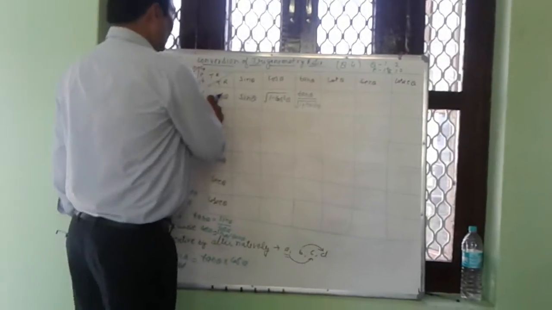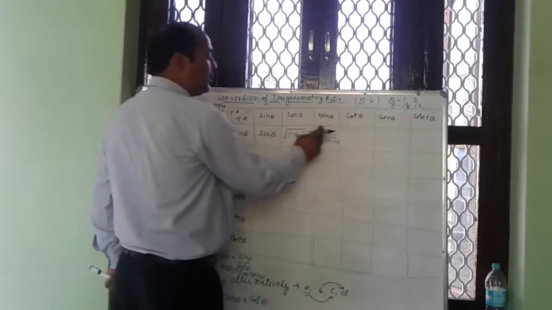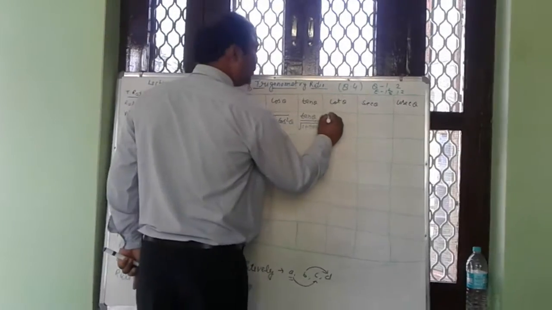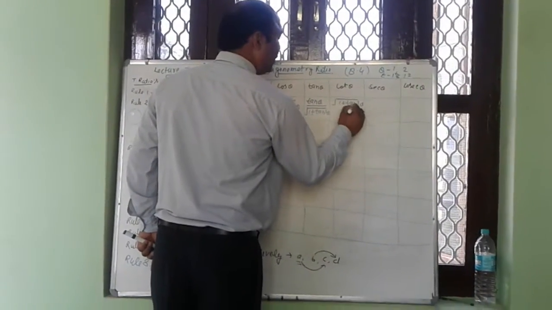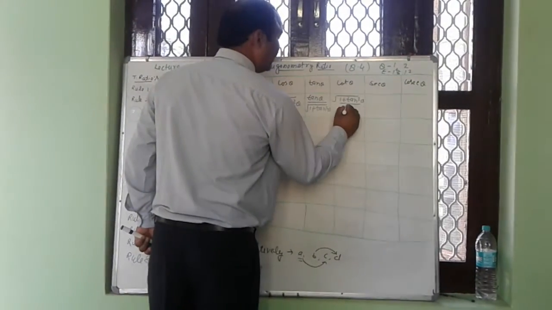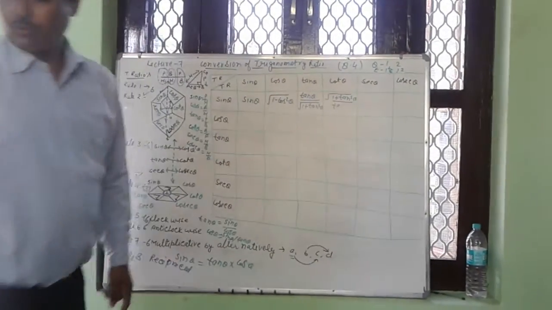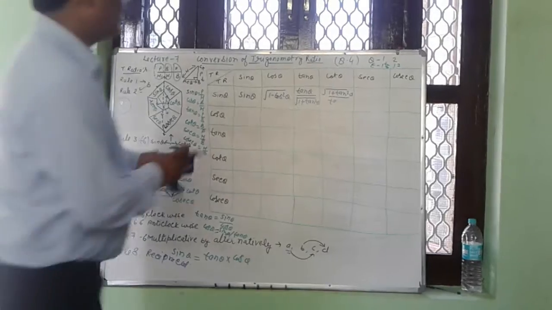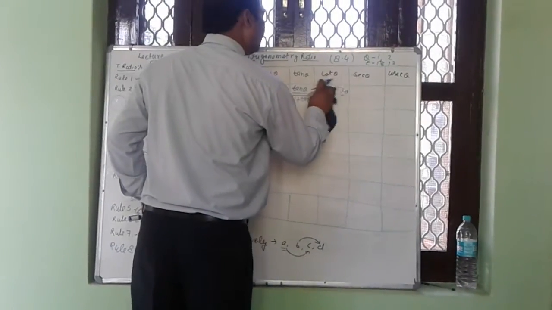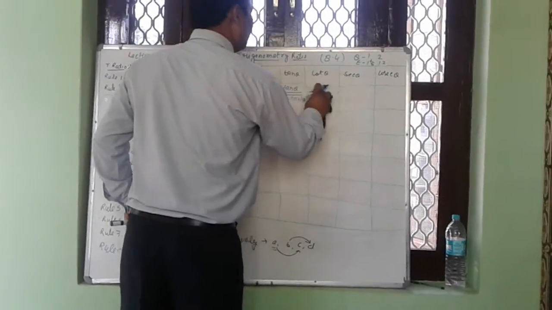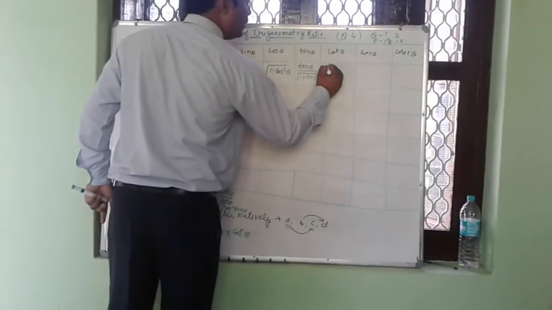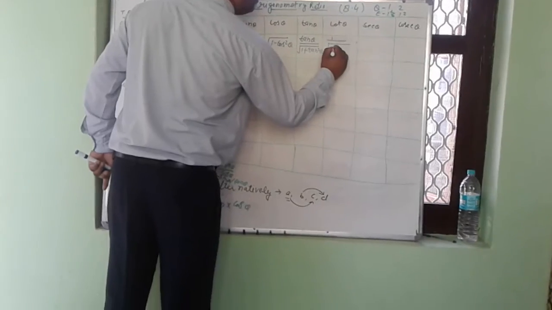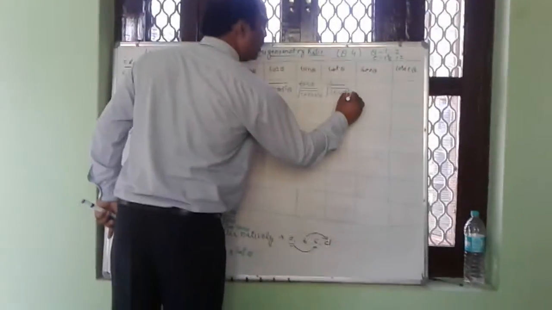Now sin theta in terms of cot theta is 1 upon root 1 plus cot square theta.